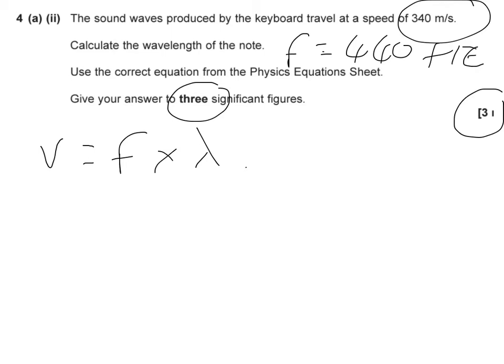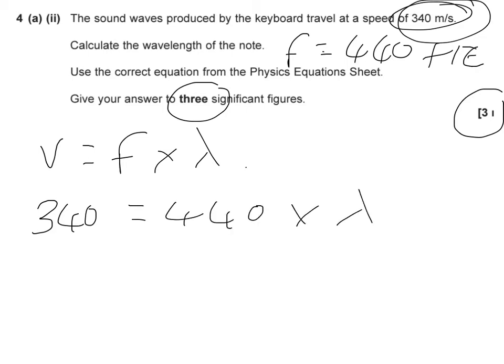Wave speed is 340, that's what v is, so you get 340 here. That equals my f, which is 440, multiplied by my wavelength. Wavelength is given by the lambda symbol here. So if you wrote this line that I've written there, you get 1 mark.